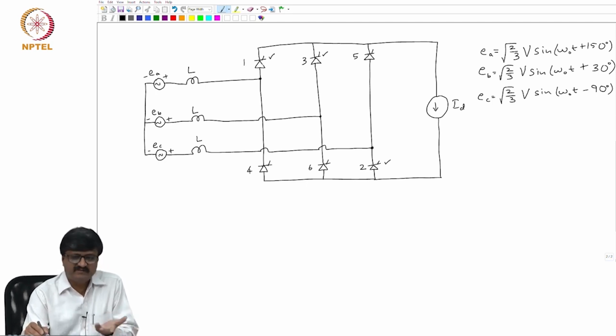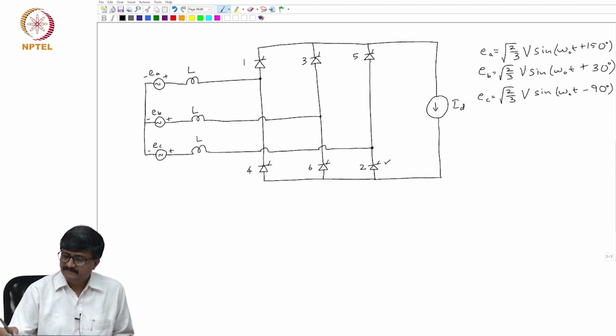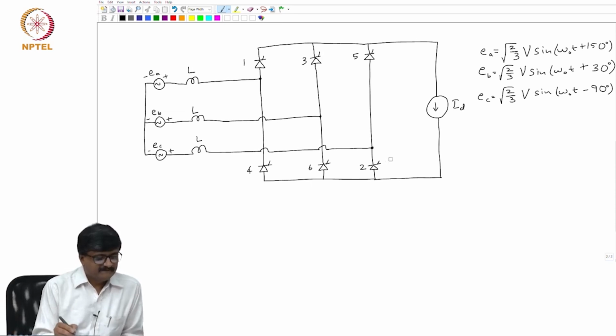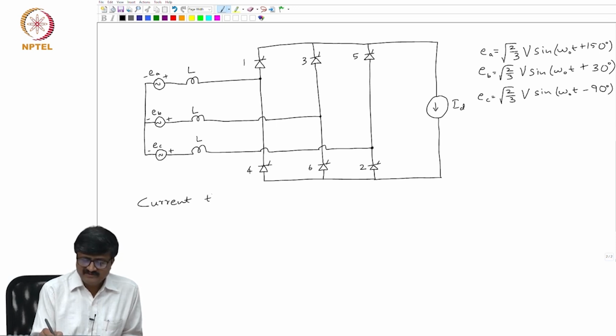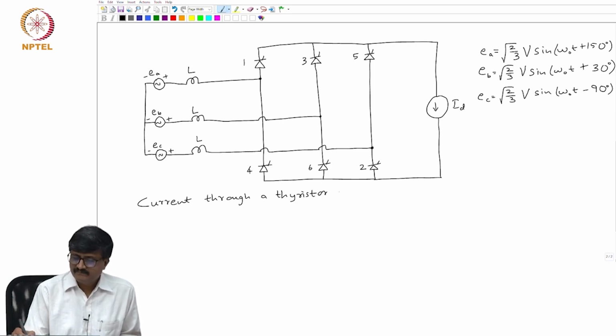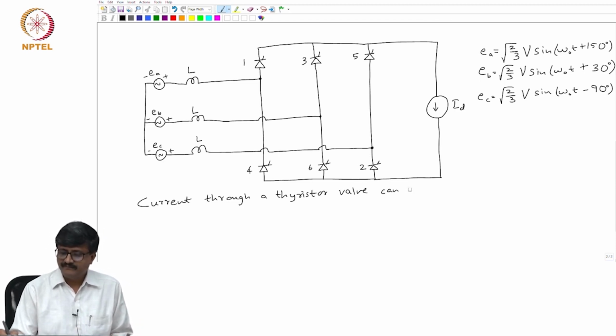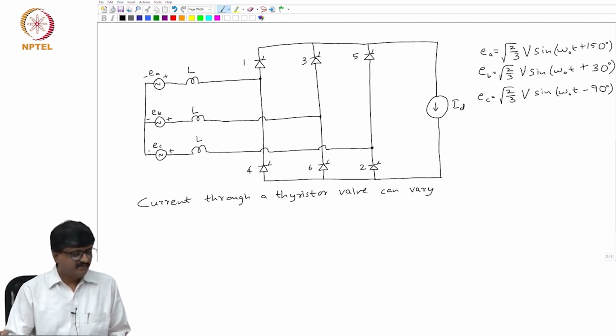Similarly, the same currents are flowing through the valves. So, the current through the valve cannot suddenly go from ID to 0 or 0 to ID. What I mean to say is, let me just state that here: current through a thyristor valve can vary only at a finite rate.